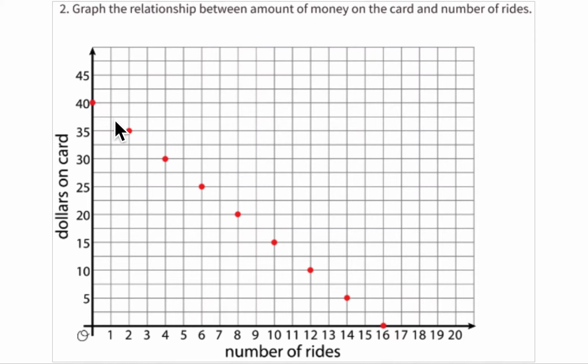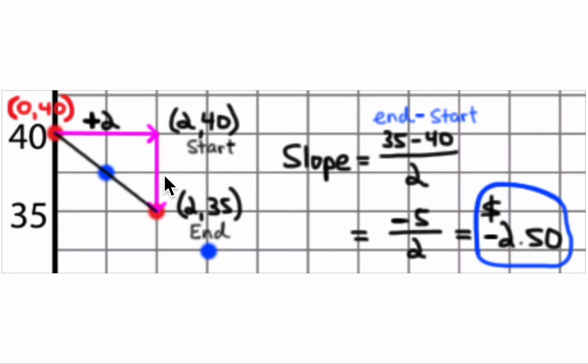It just goes down $2.50 for each ride. But because these are all labeled by 5s, I graphed it as 2 rides, and it decreases $5. All right, so let's zoom in.